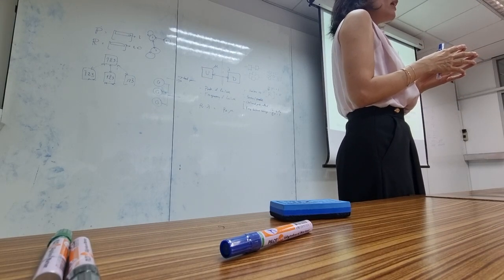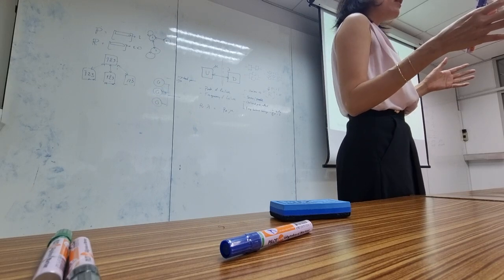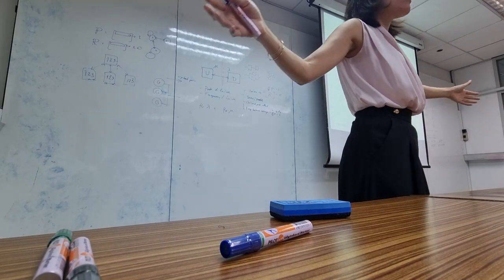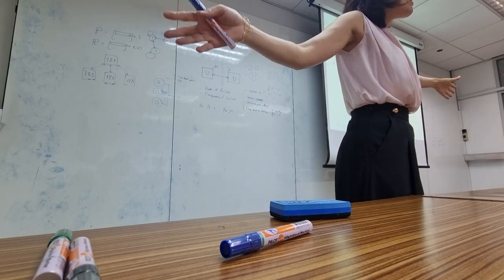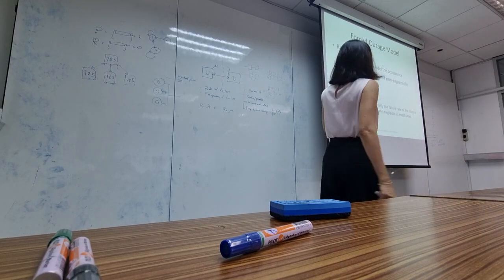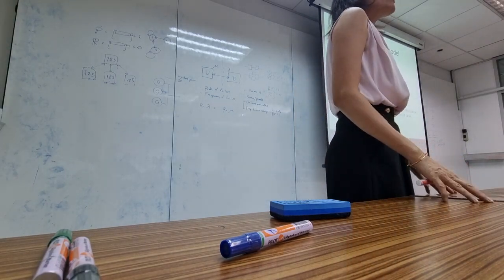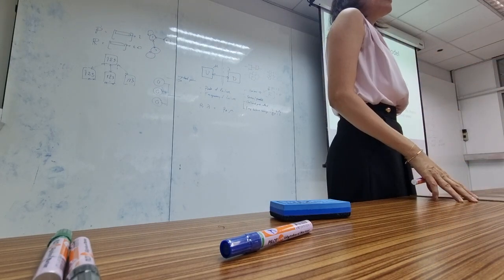For big components like transformers, maybe half of this room, the size of a megawatt transformer that you see in the field, it costs millions of dollars. That's why this kind of aging failure is important for you to analyze those kinds of components.